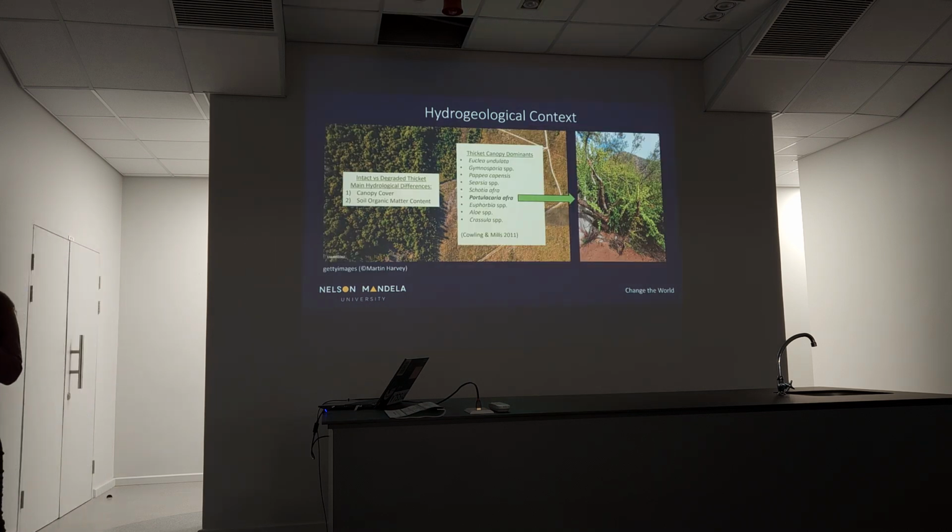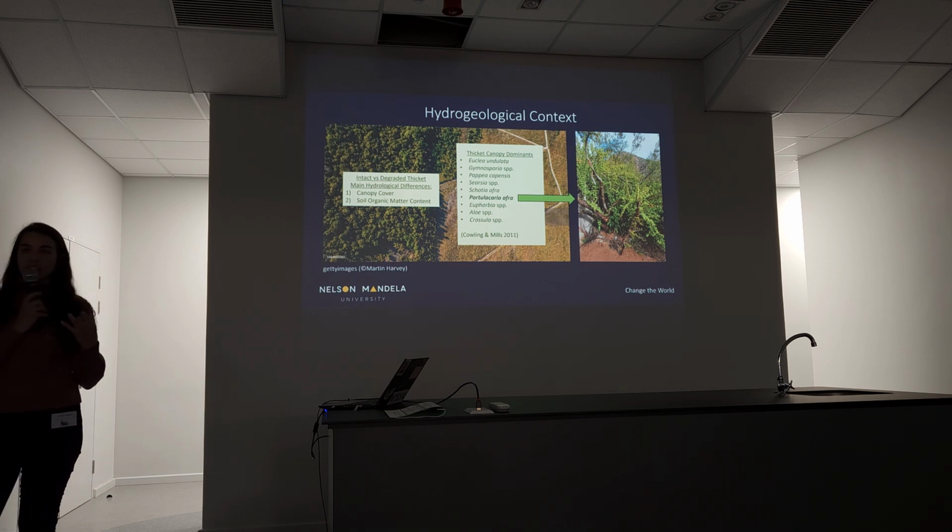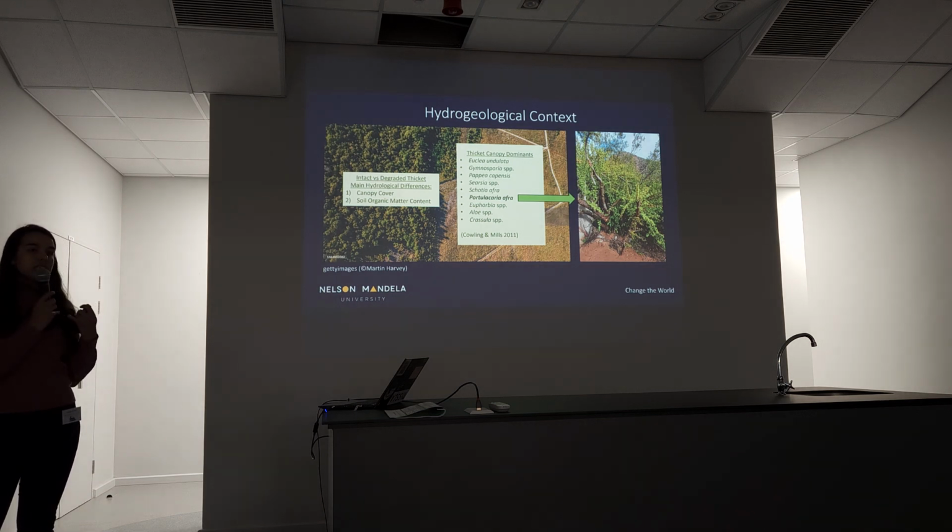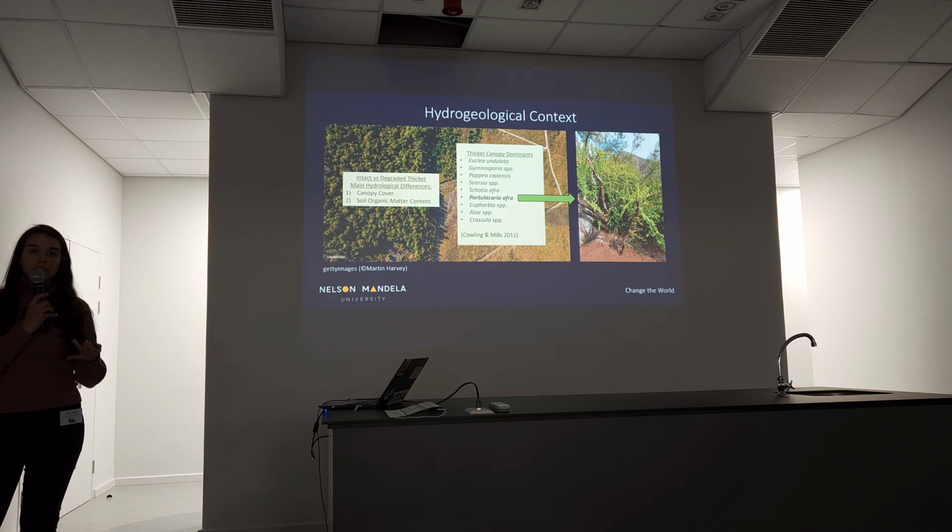But vegetation, of course, can also influence water infiltration. It's not just your bedrock geology. There are two main factors that contribute to this, and that is your canopy cover and the soil organic content.